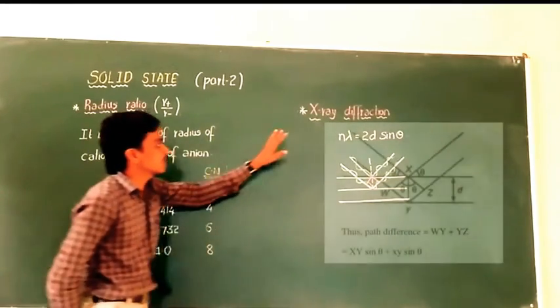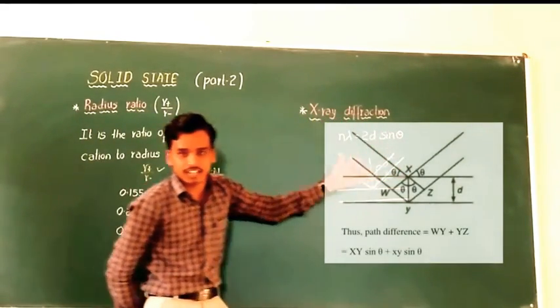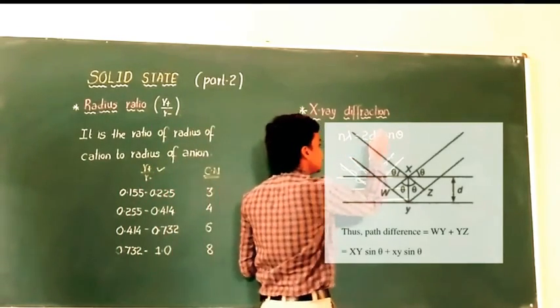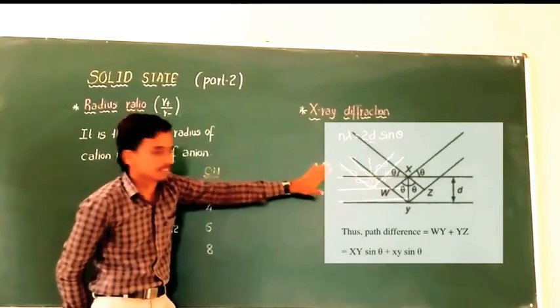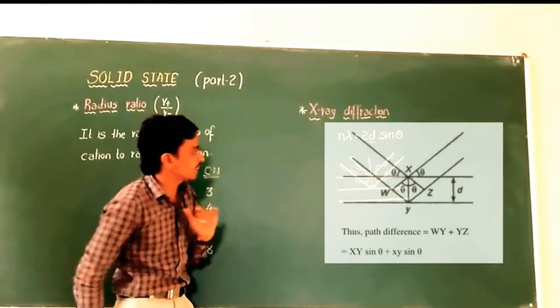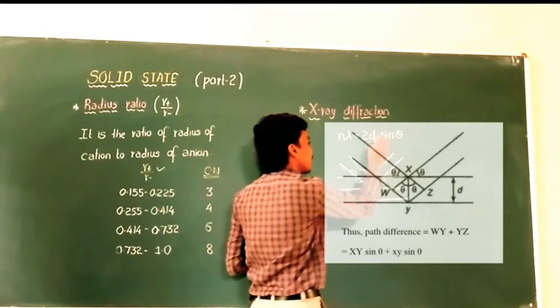The next part is X-ray diffraction. X-ray diffraction is used to calculate the width of the solid geometry. Width is nothing but the edge length of the solid geometry, identified as d.